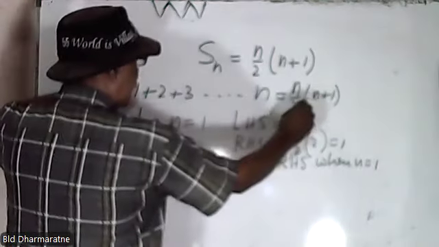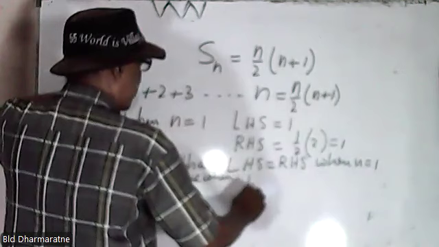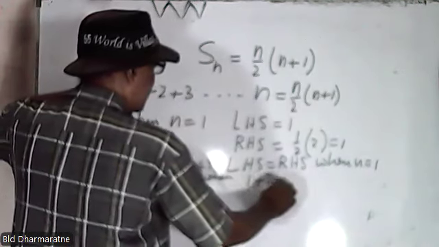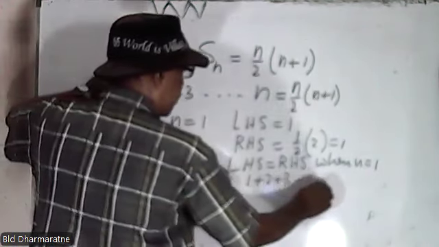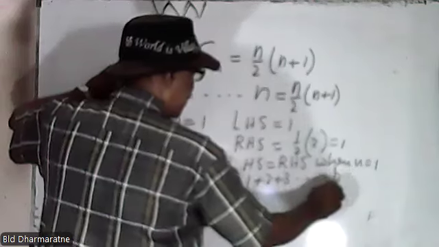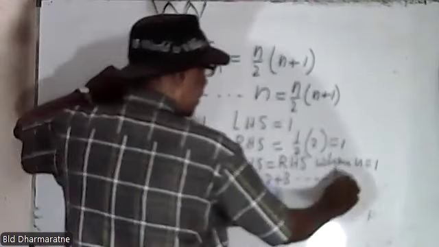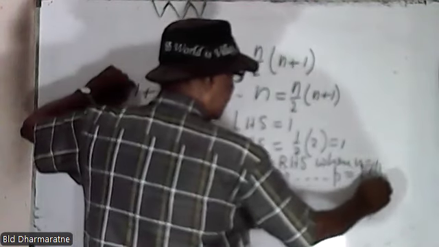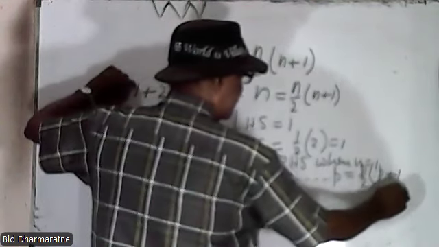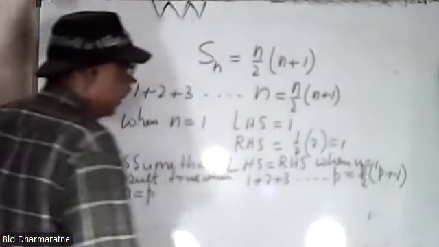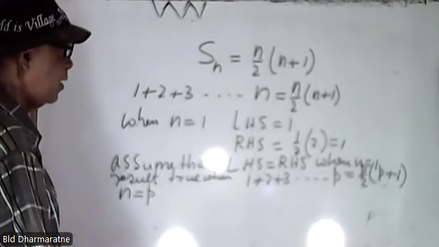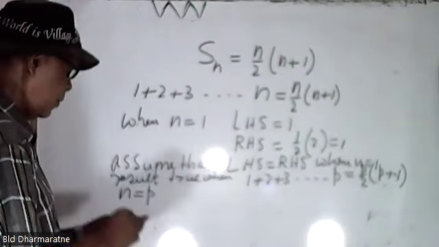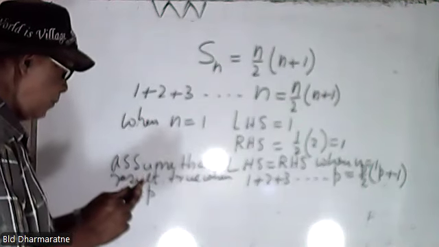This can be represented again: 1 plus 2 plus 3 plus up to p terms equals p over 2 times (p plus 1). Right? Then the next final step is that we are going to prove the formula for n equals p plus 1.